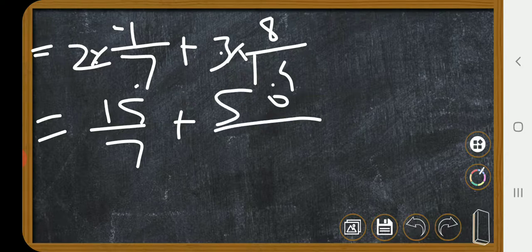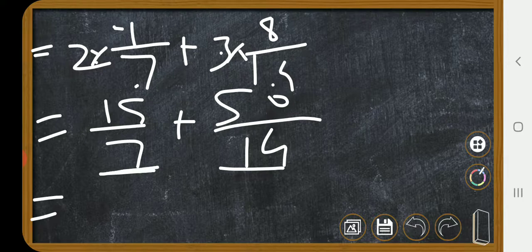50 by 14. Now if you see this, this is 7 and this is 14, we can convert this 7 into 14 by multiplying it by 2. Whatever number you multiply with the denominator, you have to multiply it with the numerator.